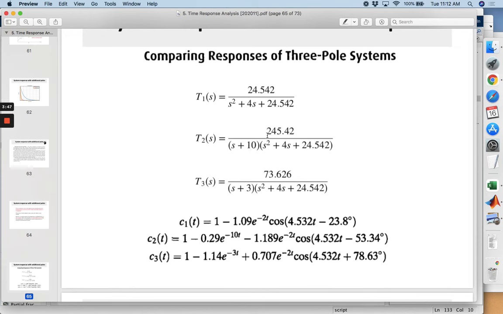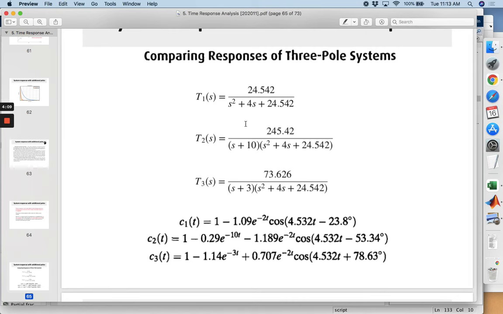So this system is a third order system. T3 is a third order system as well, but now the third pole is located at s plus 3, which is at negative 3.